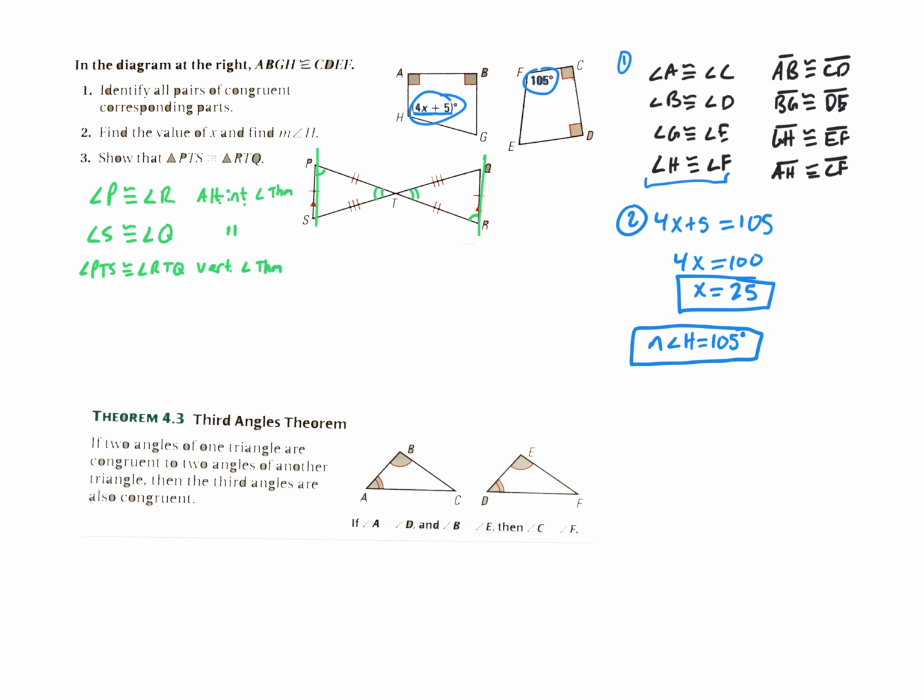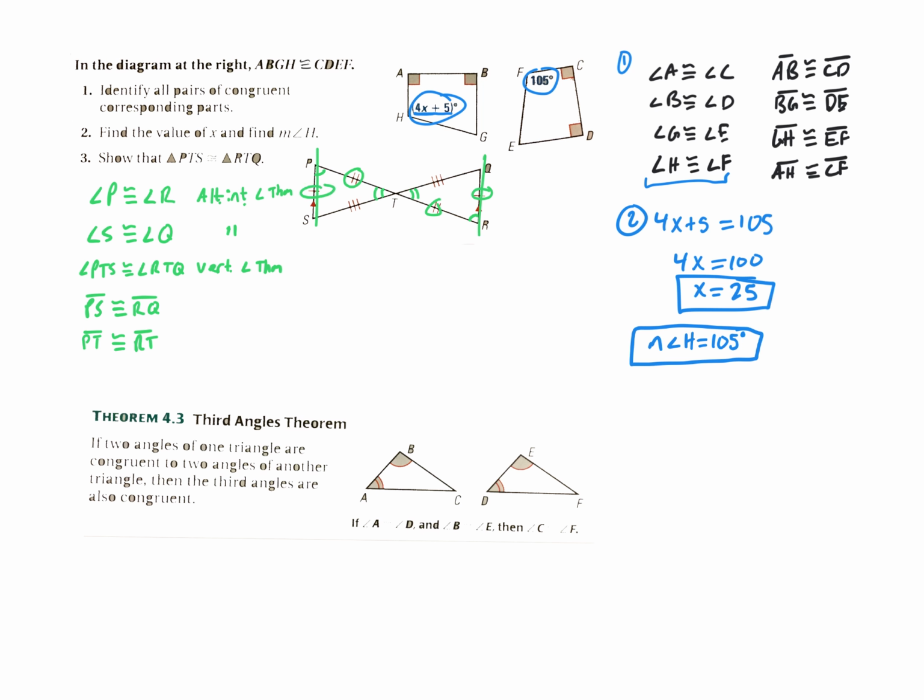And then we're already given the sides, so I know PS is congruent to RQ, and I know that PT is congruent to RT because they have those marks on it, see that?